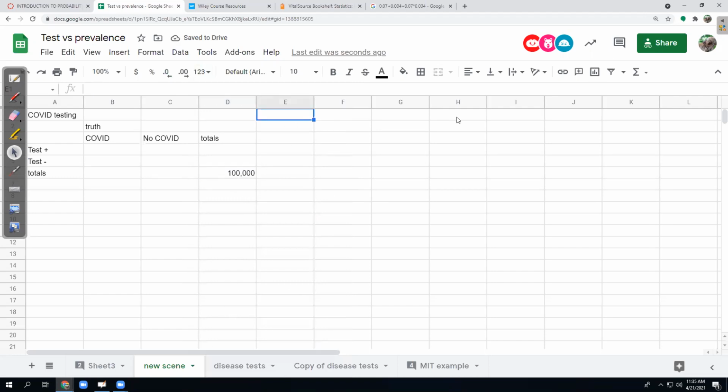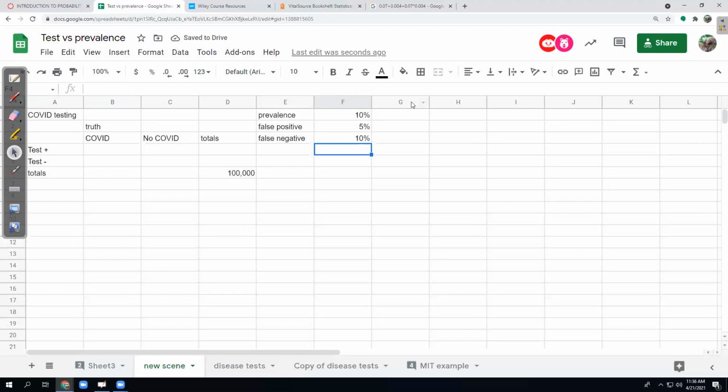And so here's my given information. I've got prevalence. You can just type 10%. I've got false positive of 5%, and false negative rates of 10%. So suppose those are the stats we have about the particular test we're looking at.